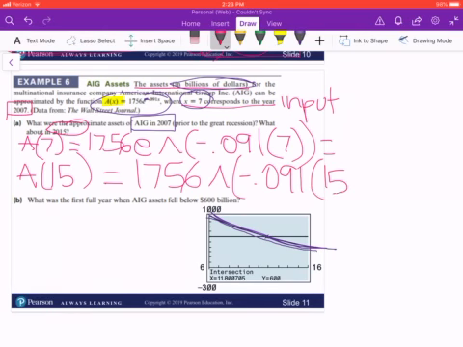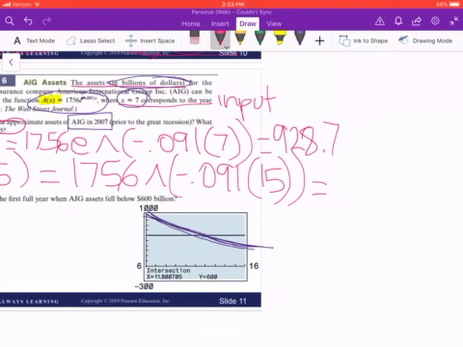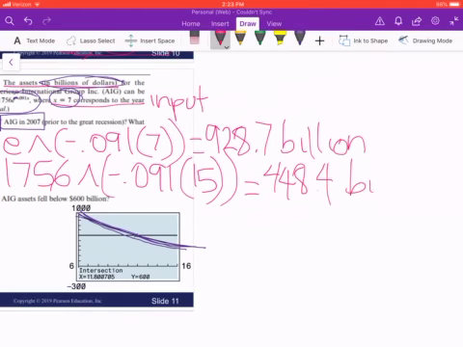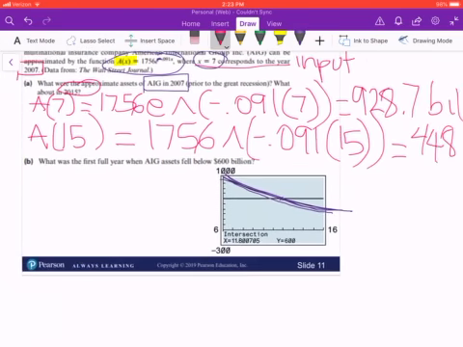Remember here we're substituting with 15 for the year 2015. Okay, so in 2007, their assets were approximately 928.7. The units here were billion. And for the year 2015, they went down, they decreased to 448.4 billion. And those two are the answers for part A.